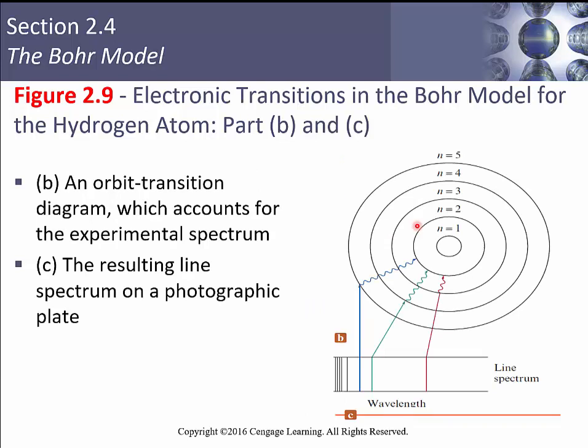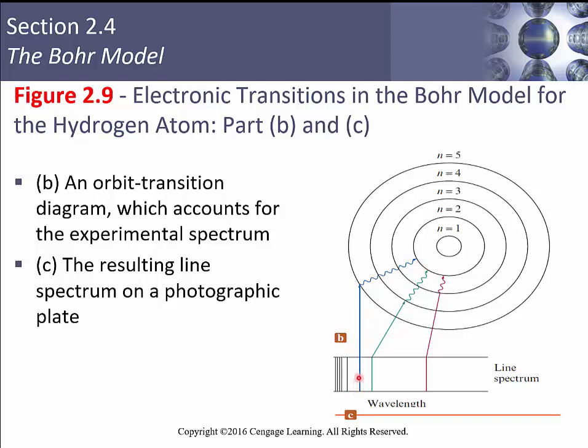So let's look at some of these and we'll map them out. Here is our orbit transition diagram, and here's our orbit. It's going from 5 to 2 or 5 to 1.